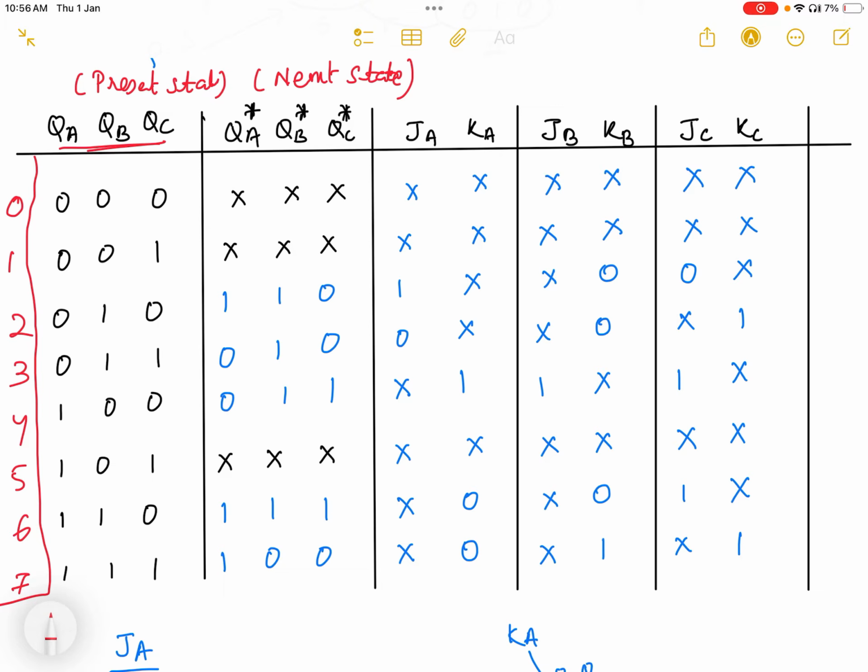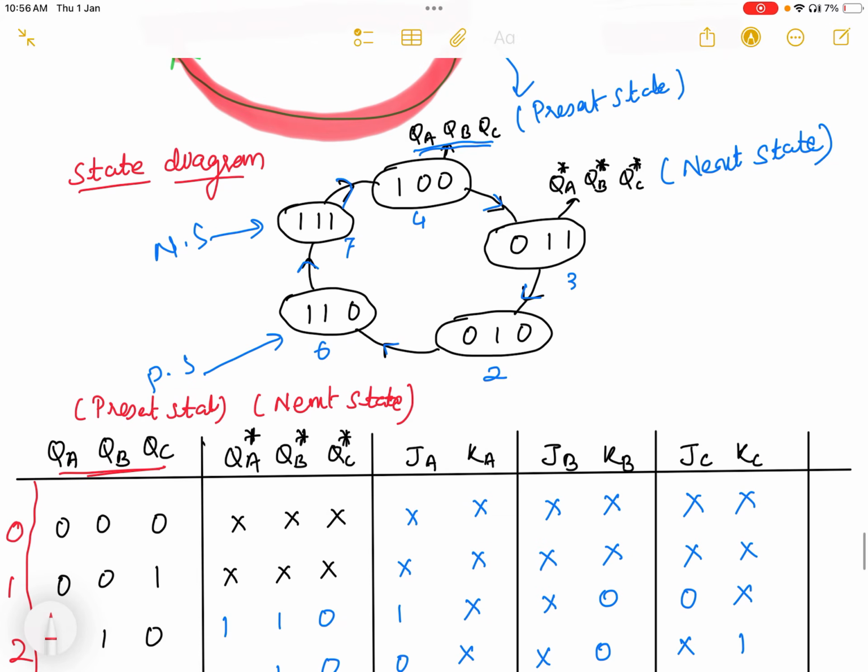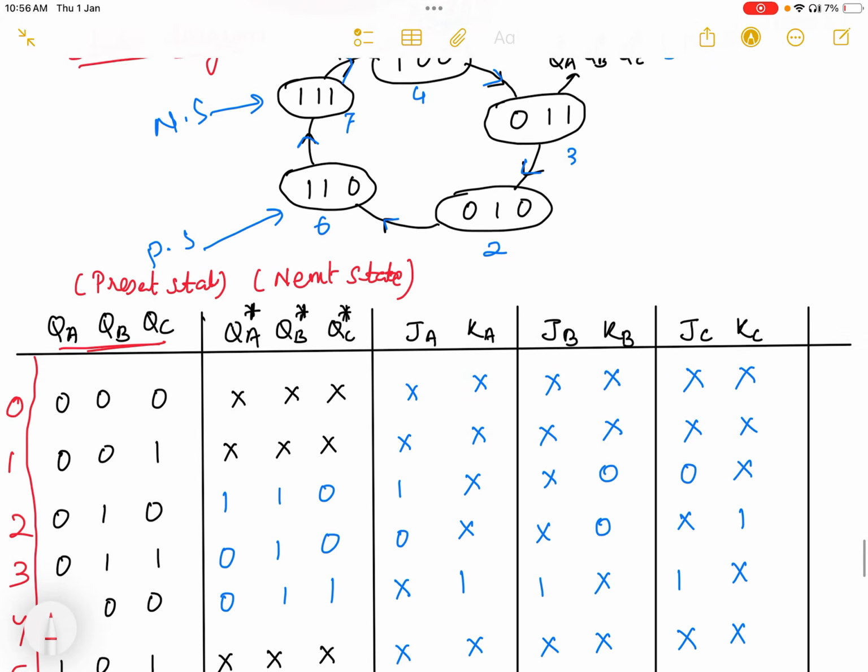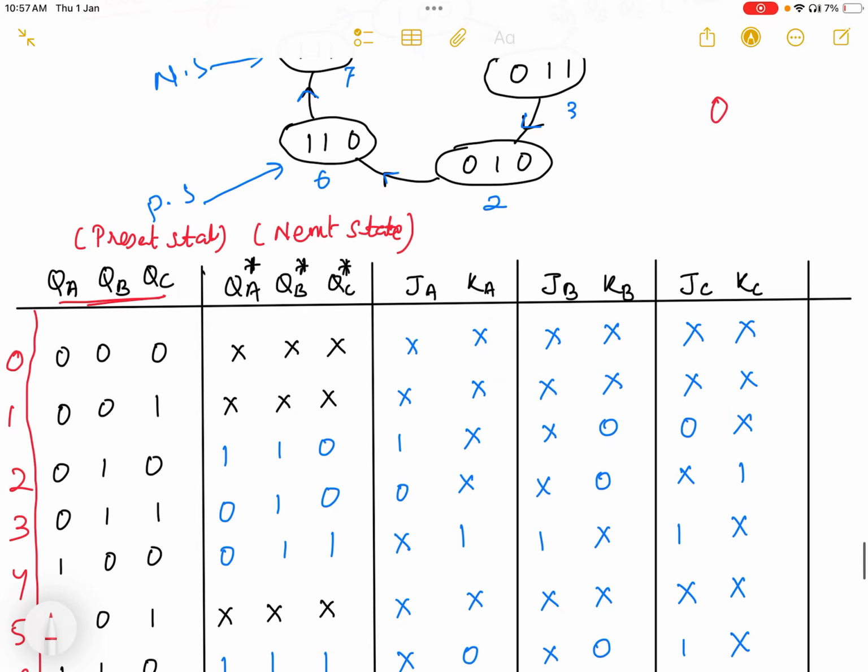Now from the state diagram, we will see what the next state is. As I told, 0, 1 and 5 we are not using.